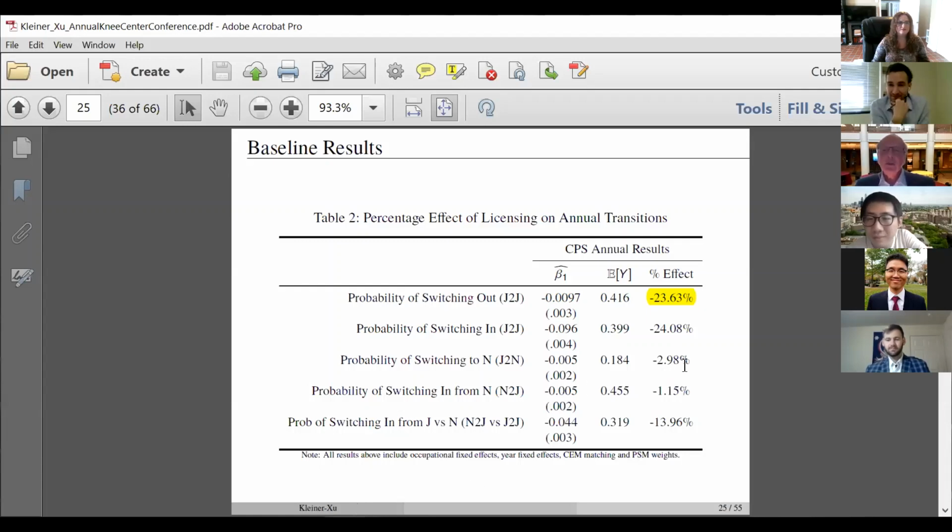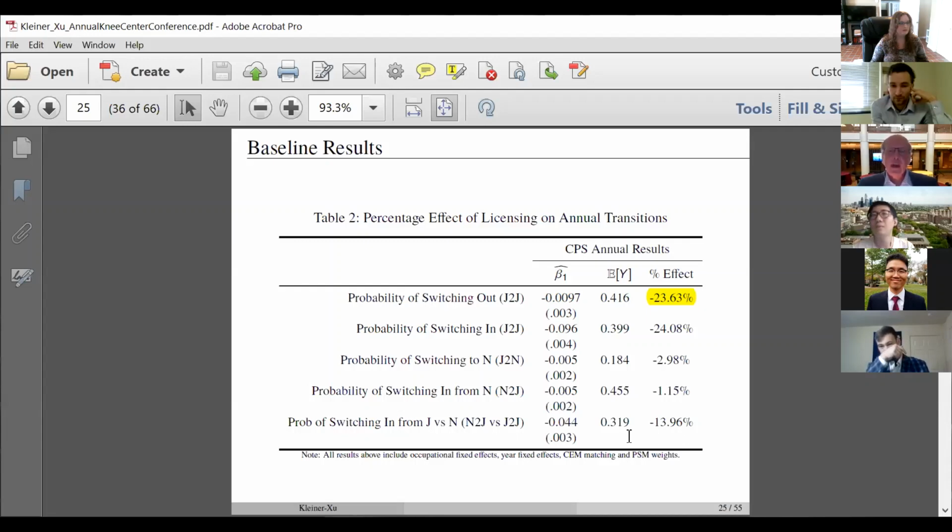The same sort of effects tend to be the case in terms of job-to-job transitions. Switching into a licensed occupation is also more difficult. Switching from a job to a non-licensed job, the effects are negative. Switching from a non-licensed job to a licensed job, the effects are also small. Then we look at the difference between switching from a job versus a non-job, and the effects are sort of the average of those two.